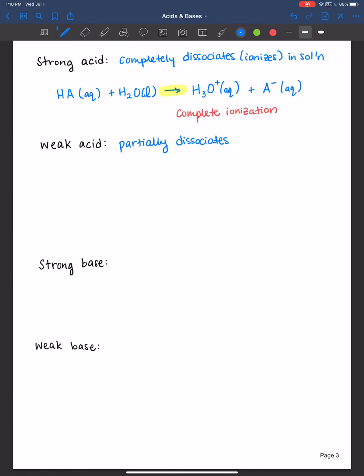And the way we represent a weak acid chemical equation is it looks very similar. We use the same formula for a weak acid, HA, and then plus water. But because there's only partial ionization or dissociation here, we use those equilibrium arrows that we've learned in the previous chapter.